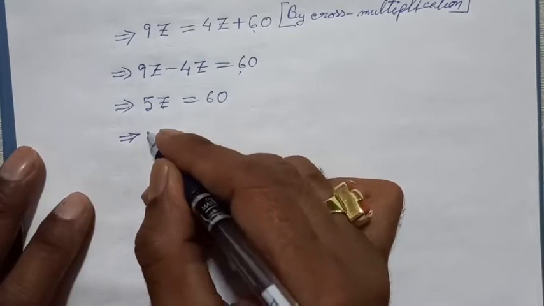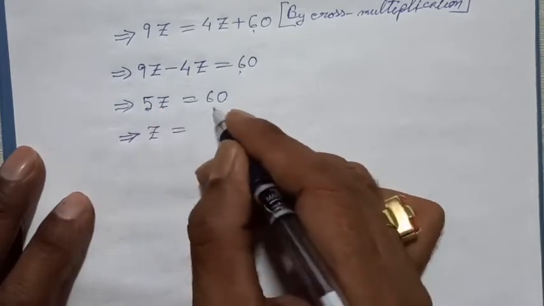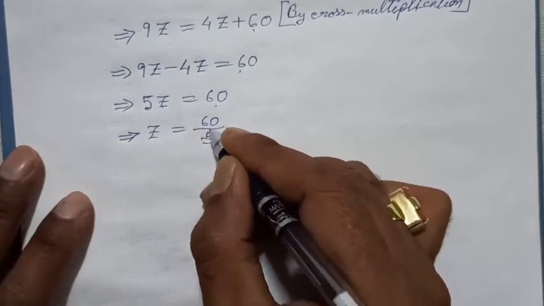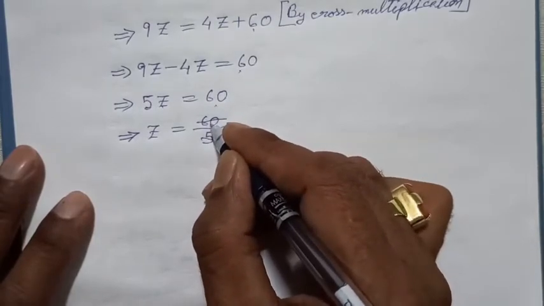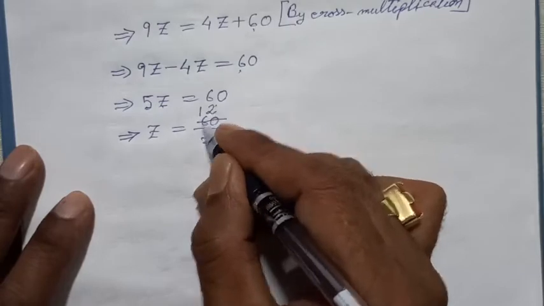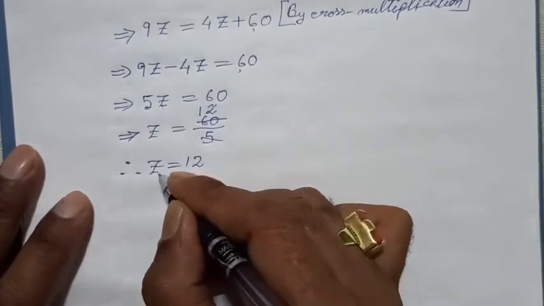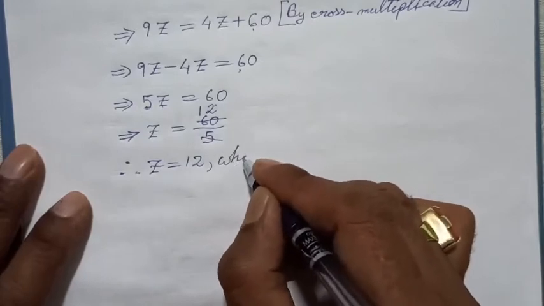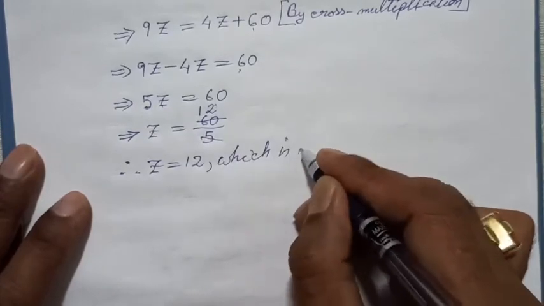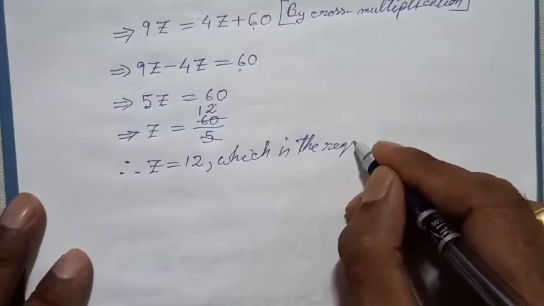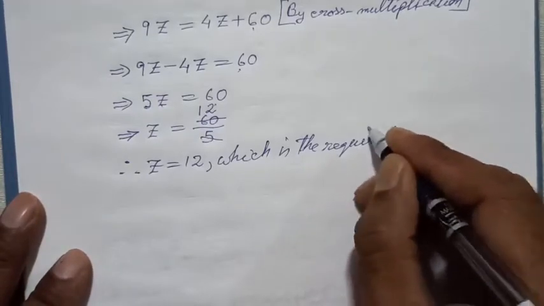If we want to find out the value of z, 5 is transposing, then 60 will be divided by 5. 5 is dividing to 60. 5 one time is 5, 5 two times is 10. We are getting 12. z is equal to 12, which is the required solution.